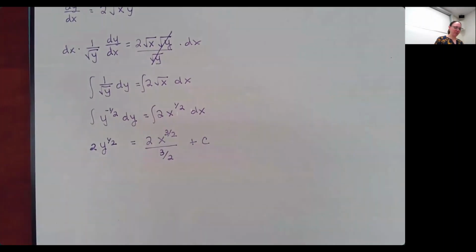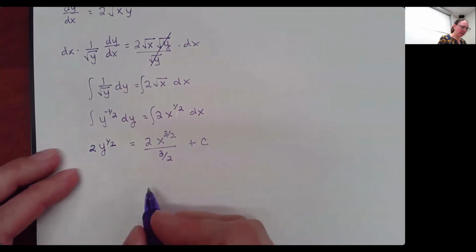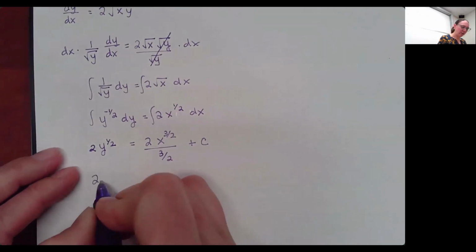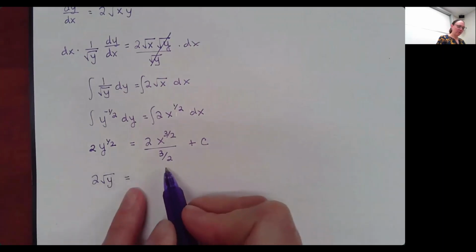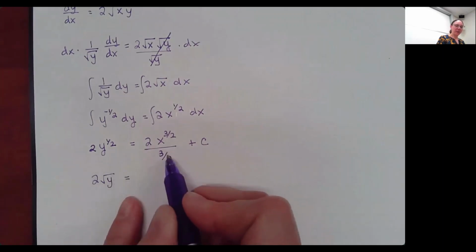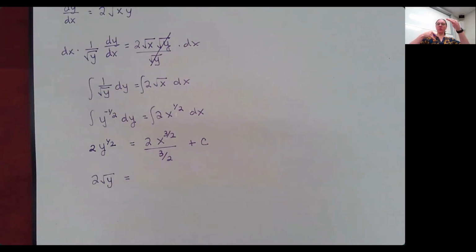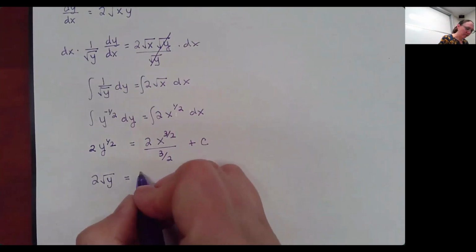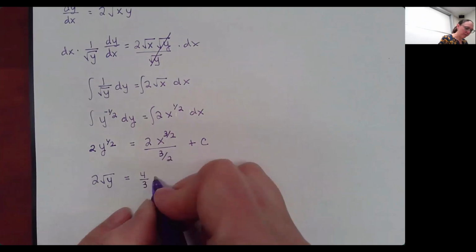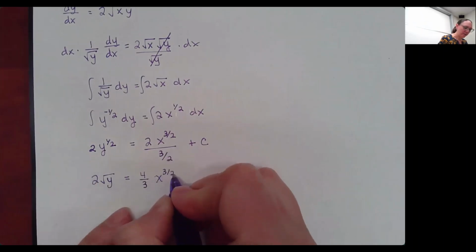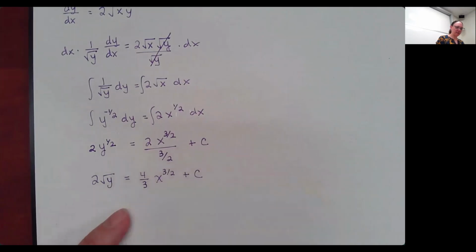First thing I'm probably going to do is clean up the fractions a little bit. So I've got 2, and I'm going to rewrite this as the square root of y. And over here, if I divide by 3/2, it's the same as flipping that over and multiplying by 2/3. So I've got 4/3 x to the 3/2 plus a constant.